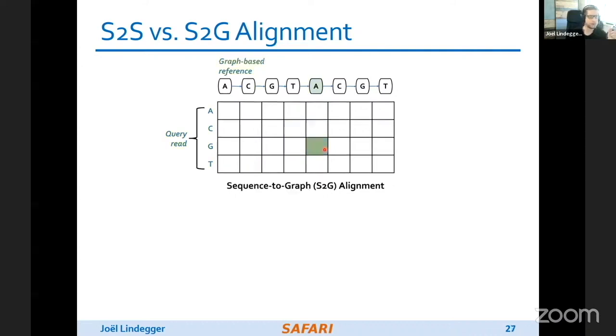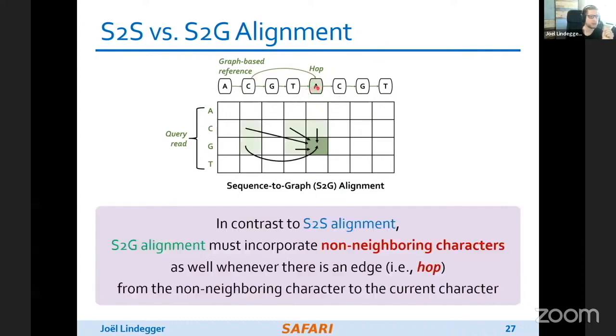Now, in the graph-based reference, the problem is you also have to consider hops or shortcuts, edges, or maybe edges that are missing. So if you linearize your graph like this and just draw edges wherever they need to go, now all of a sudden you don't just have direct neighbors anymore, but you have the direct neighbors plus these kind of indirect neighbors that are not directly connected to that new entry we're calculating now.